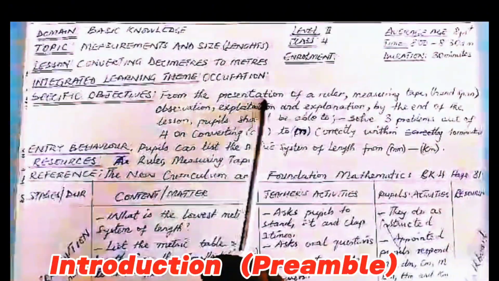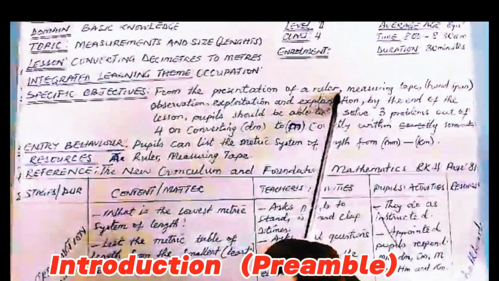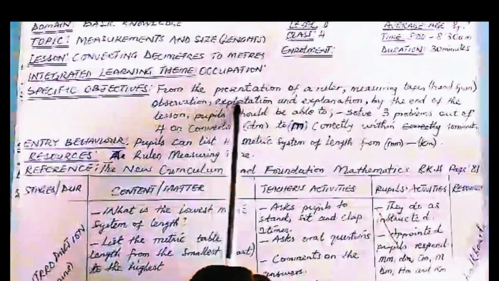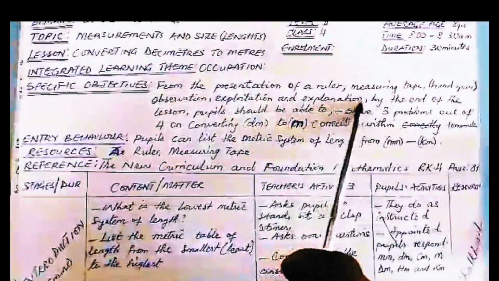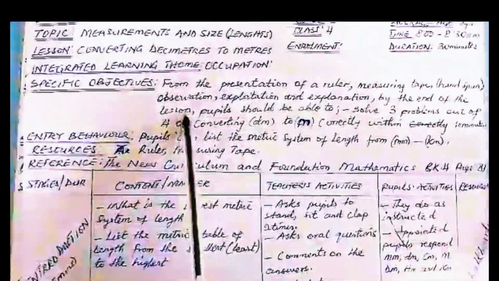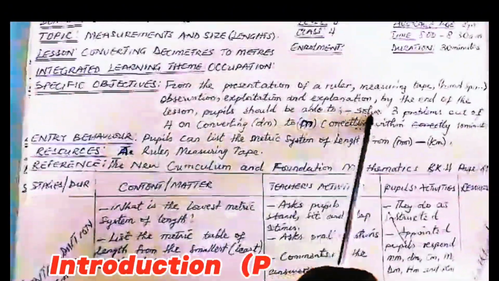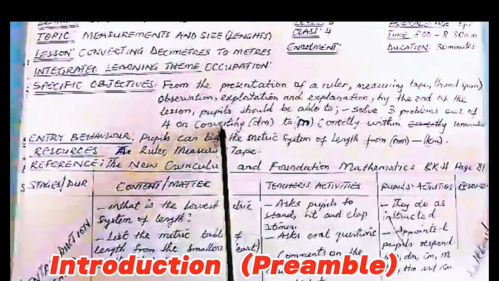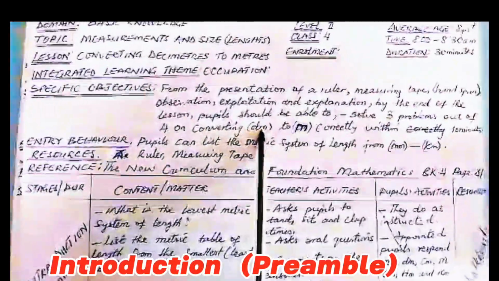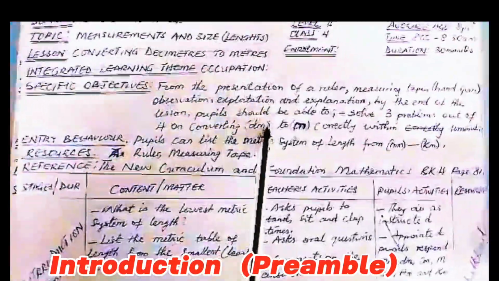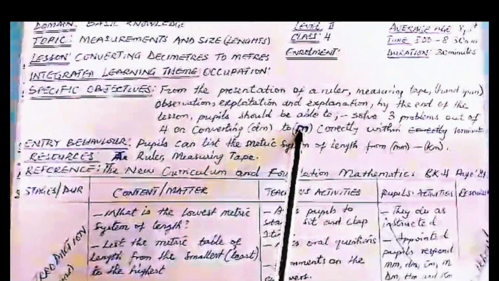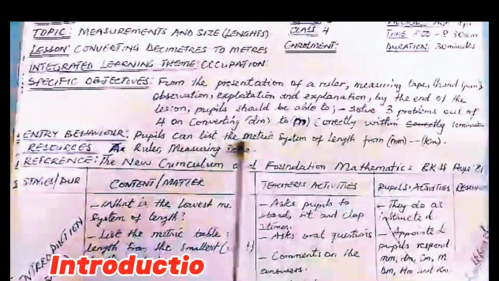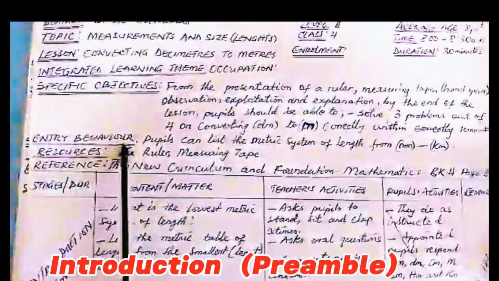So we have specific objective, from the presentation of a ruler, measuring tape, in bracket hand span, observation, exploitation, and explanation. By the end of the lesson, pupils should be able to solve 3 problems out of 4 on converting decimeters, the abbreviation DM, to meters, within 10 minutes.